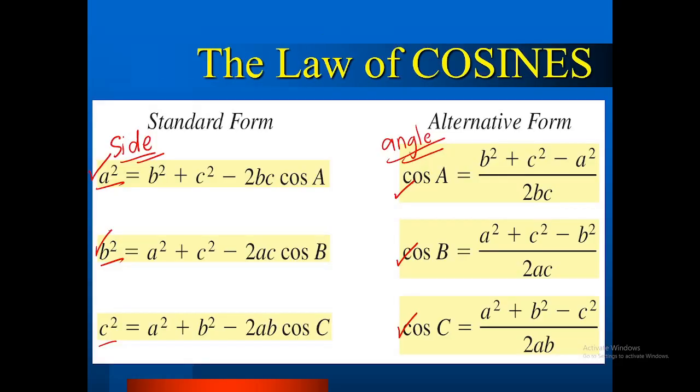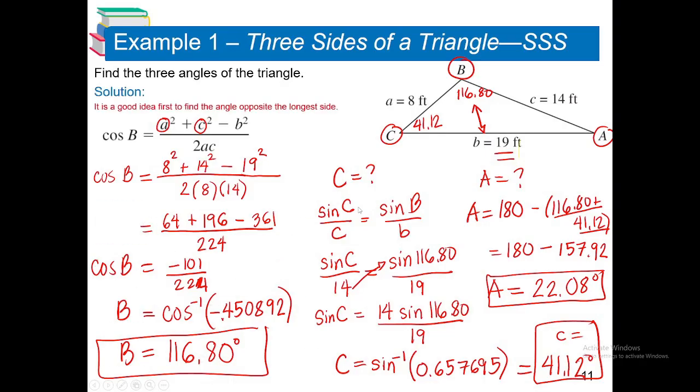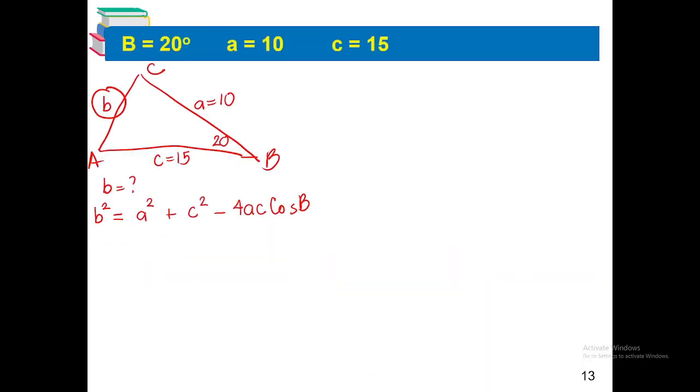B squared equals A squared plus C squared minus 2AC cosine B. It is not 4AC, it's 2AC. I confused it with the quadratic formula.